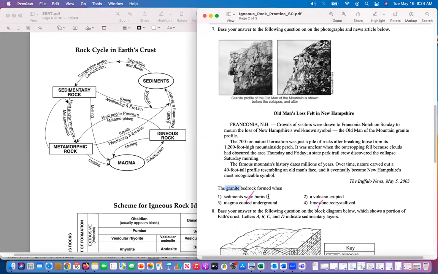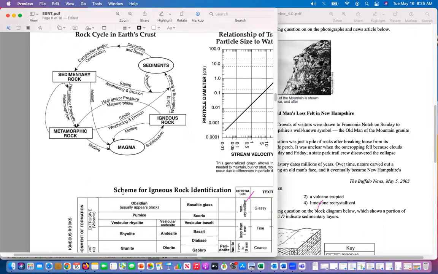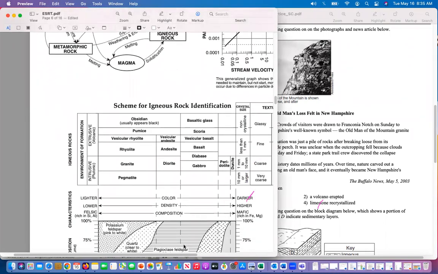And we know that igneous rocks can either come from a volcano, right? Or it can be magma that's cooled underground. How do I know which one it is? So when I look at granite and I look at the chart, I see that granite is an intrusive rock. Why is that important?